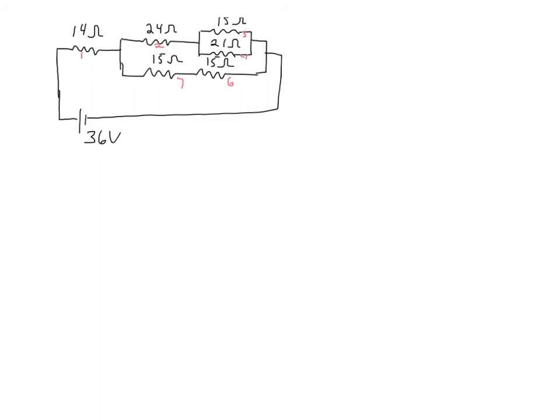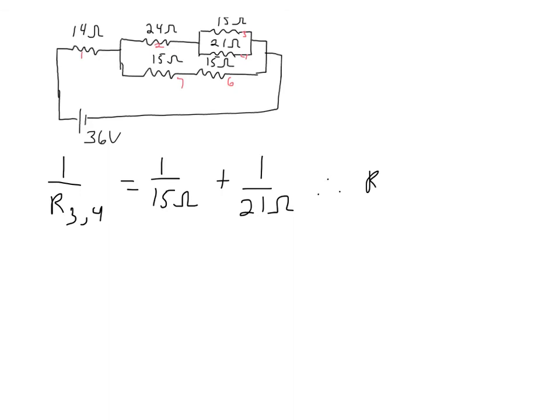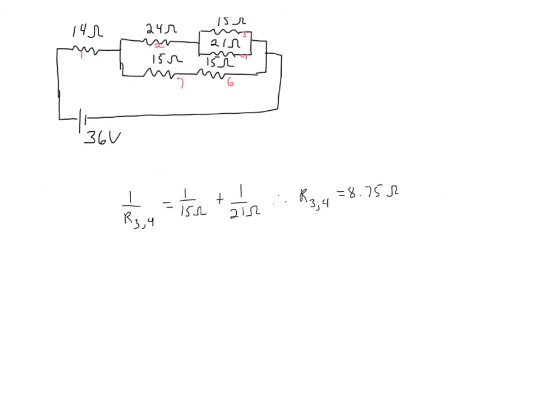So 1 divided by R3 and 4 is equal to 1 divided by 15 ohms plus 1 divided by 21 ohms. And we do that math, we should end up with R3 through 4 equaling 8.75 ohms. Let's shrink that down there.